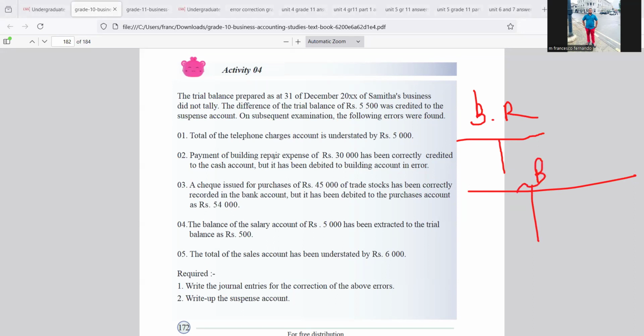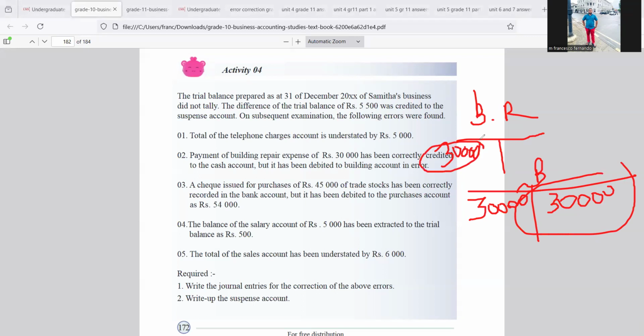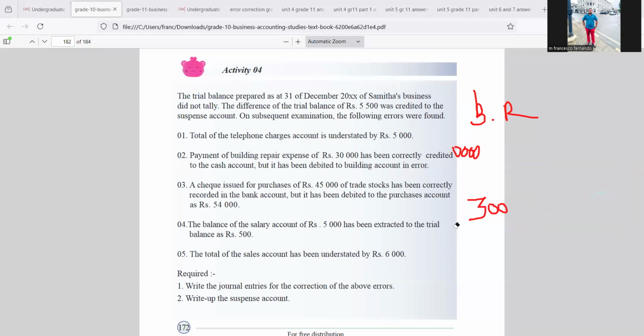The building repair expense 30,000 is correctly credited to the cash book, so no problem, but debited to the building account, that is wrong, because when we pay, building repair should be debited. So what I can do is credit the building account to make it zero and debit the building repair account. So that is what has been done here as well.